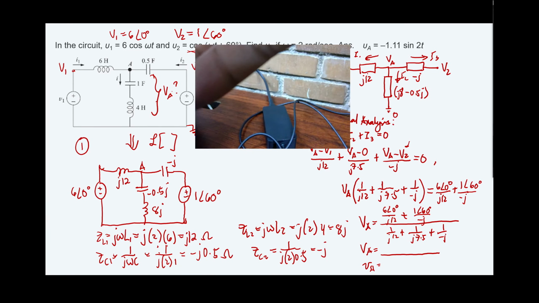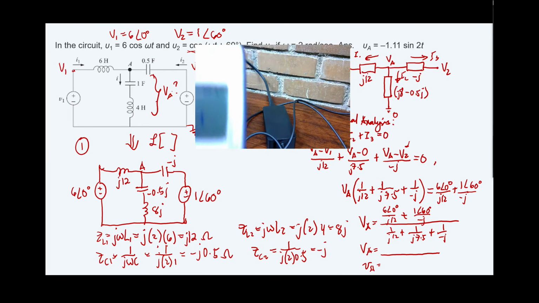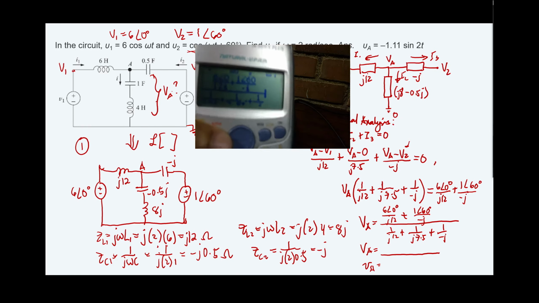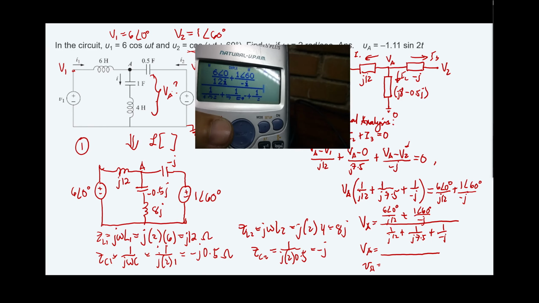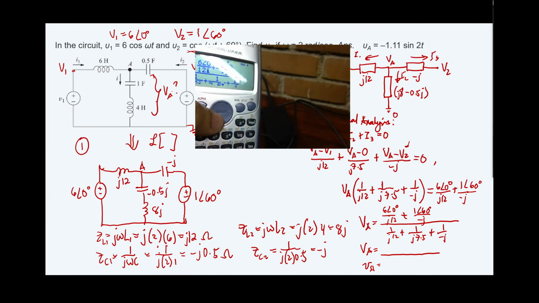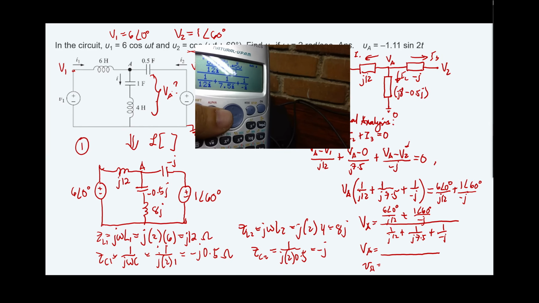So what I did, I have this expression here. You can see the expression 6 angle 0 over 12j plus 1 over angle 60 over negative j, and then in the denominator you have 1 over 12j plus 1 over 7.5j plus 1 over negative j.